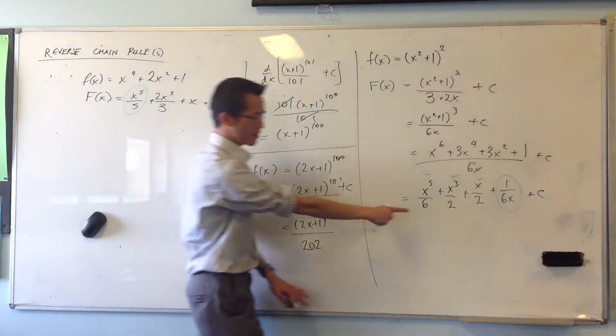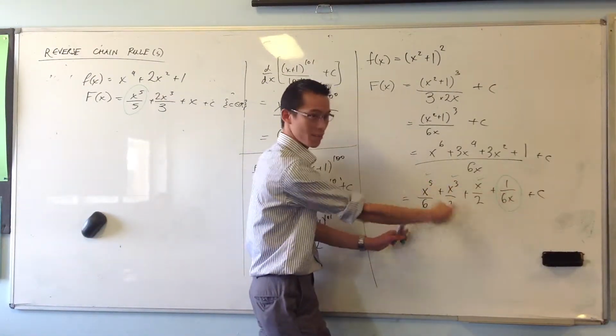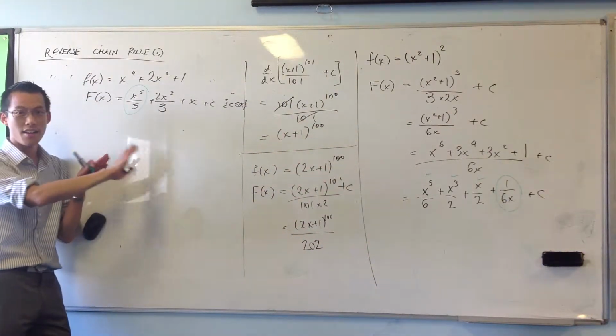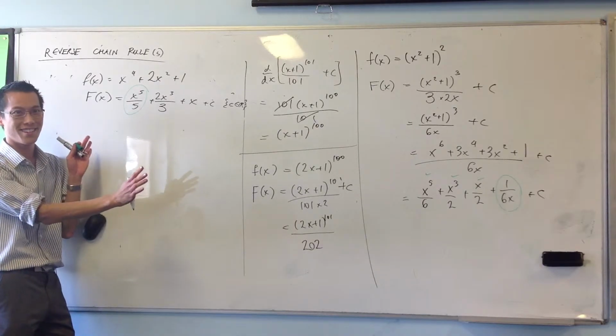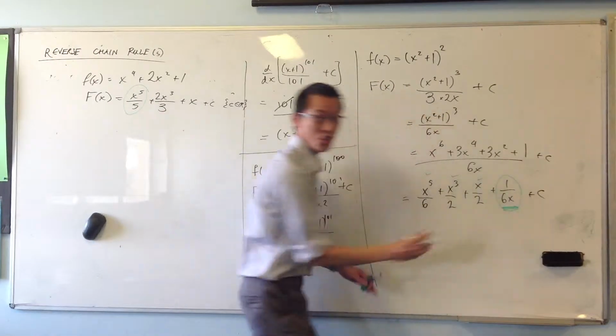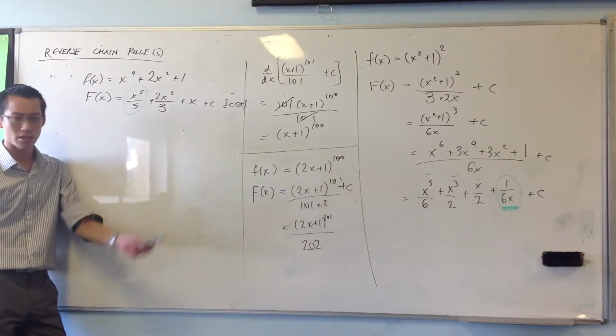In the same way, there are no other x to the 5s over here. So there's nothing that can make this 6 turn into a 5. These are irreconcilably different. I can't turn one into the other. And the clincher is really this guy. This guy has no parallel at all over here. That's an x to the minus 1.